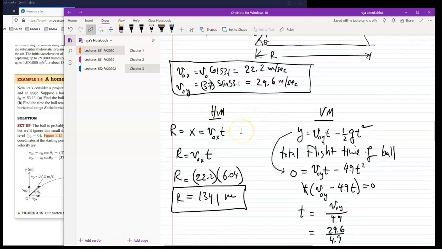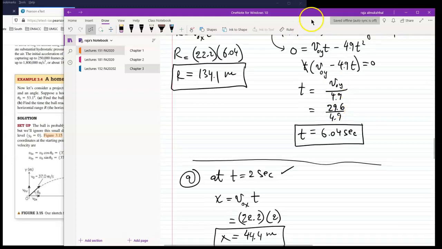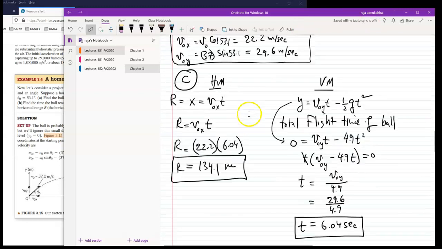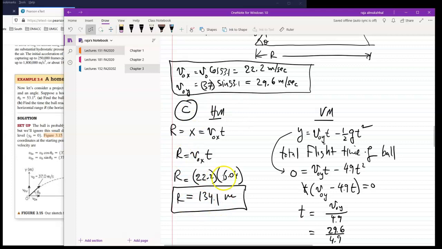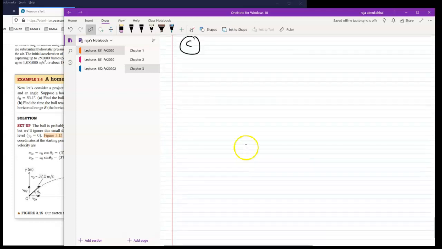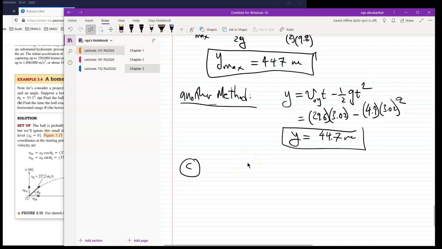So I guess that's really part C. Remember we did the total time of flight using the same equation, this one. We got the total time of flight is 6.04. And then you plug it into the range equation, and that will give you the range, okay? See above. I hope you've been taking notes so you know what that means. Okay, good.